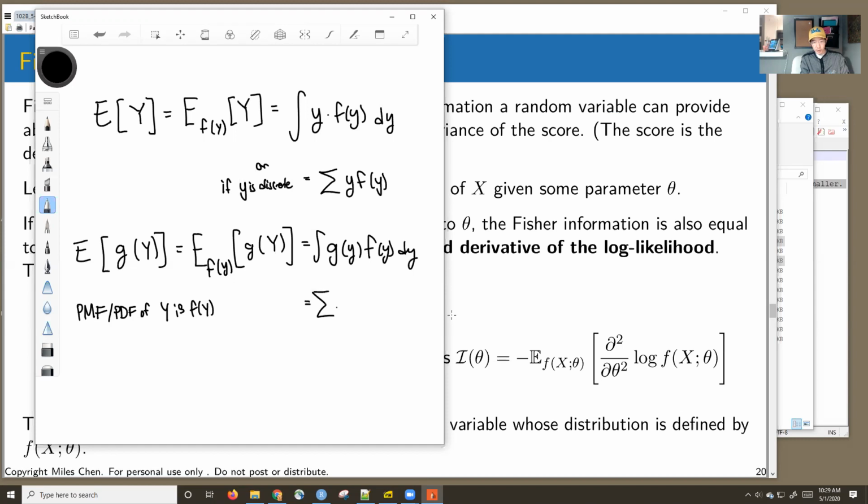Or the sum of g of y, whatever this function is, times f of y. No, there's no dy with the summation. Okay, so that's just a quick review of expected values.